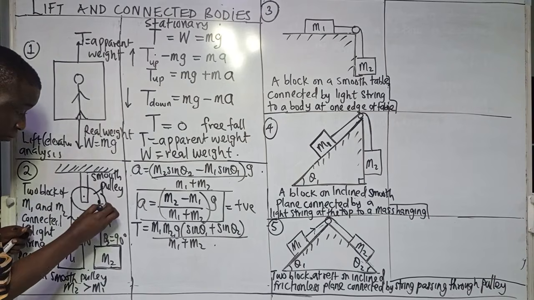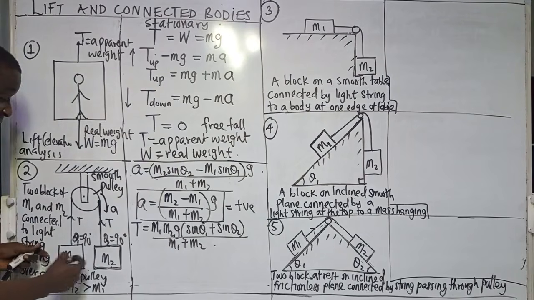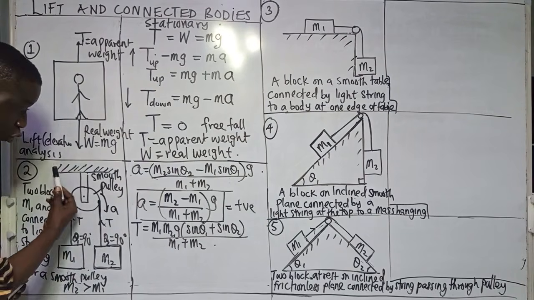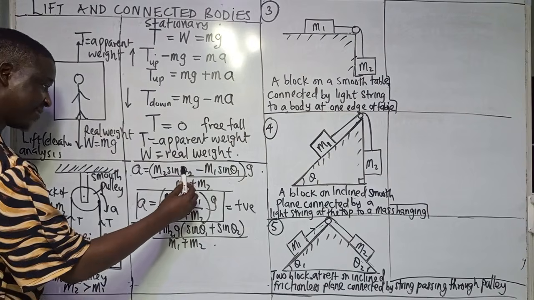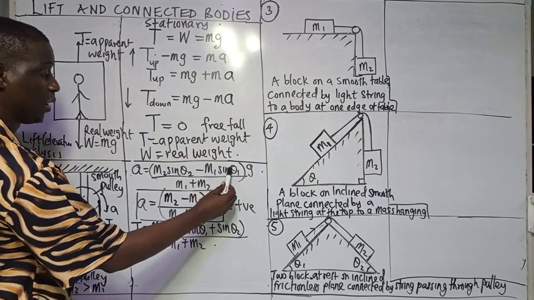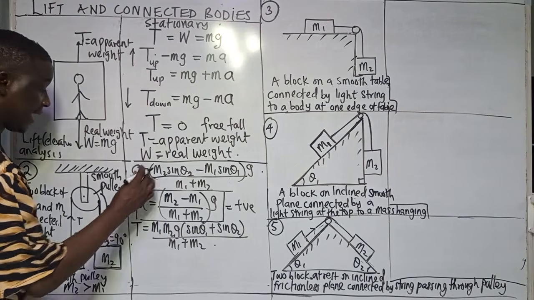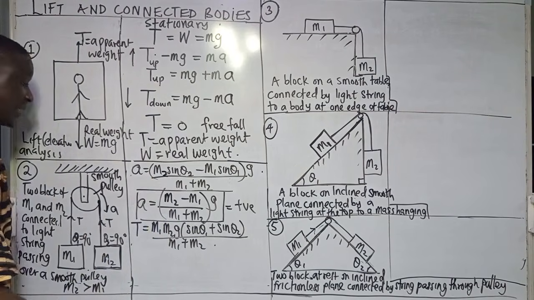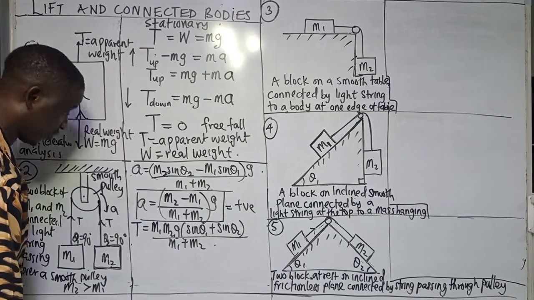So the common acceleration moves in this manner, because we say M2 is greater than M1. This is the heavier block, it goes down, and this one goes up. So that's why we take it at 90, 90. As sine 90 is 1, 1 times M1 is M1, and 1 times M2 is M2. So we get M2 minus M1 times G over M1 plus M2.